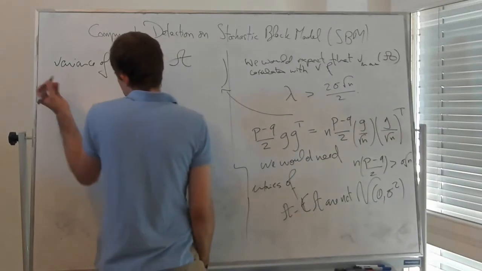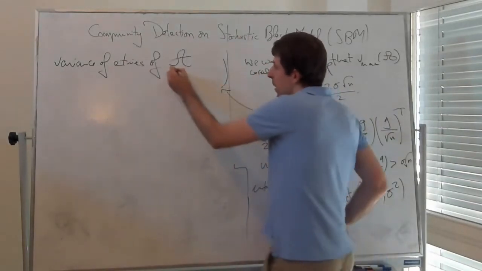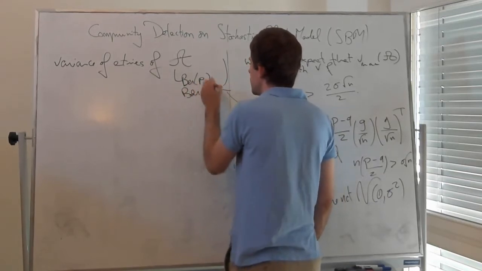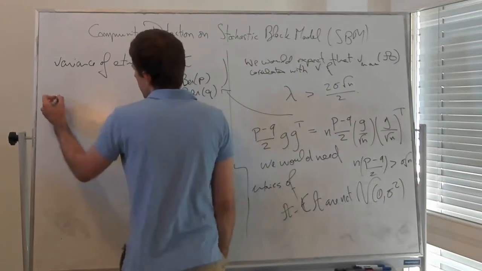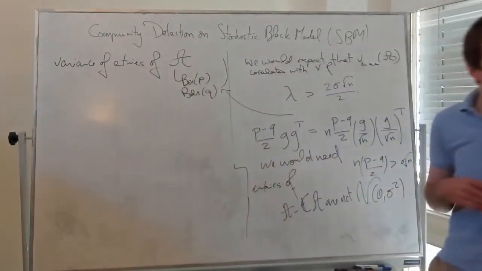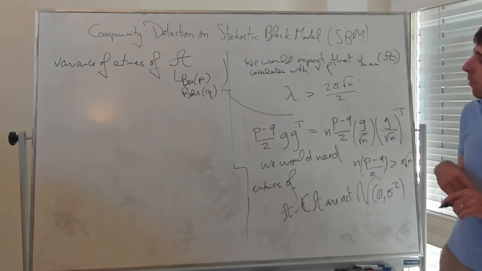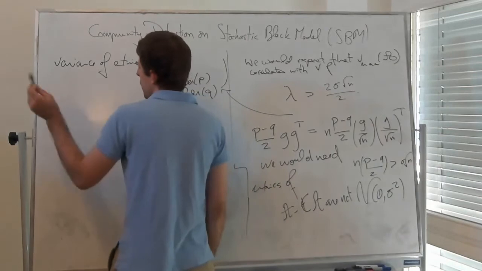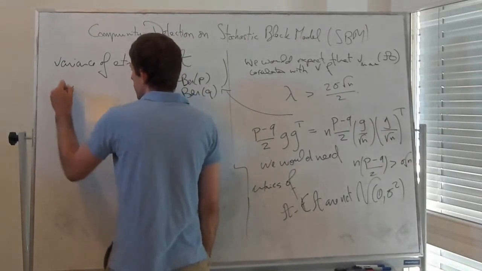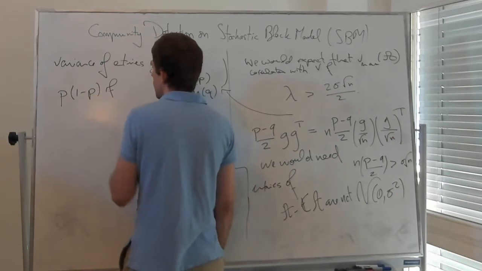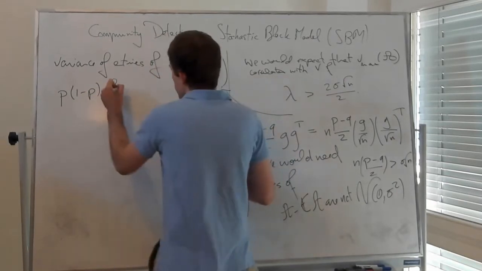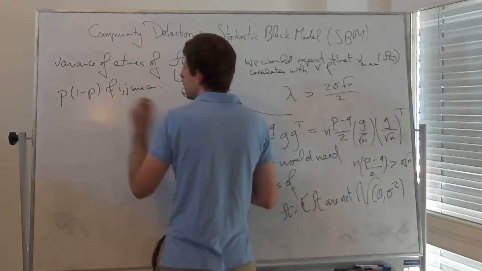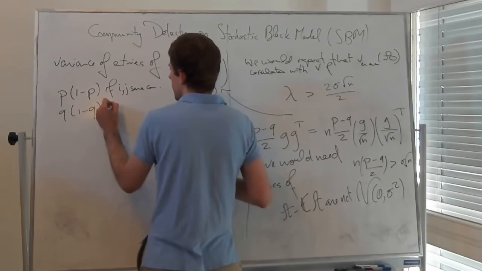Basically what we have is they're Bernoullis. They are Bernoulli P if in the same cluster, or Bernoulli Q if in different clusters. So the variance of a Bernoulli P is just P times 1 minus P. So the variance is P times 1 minus P for entries corresponding to the same community, if i and j are in the same community, and Q times 1 minus Q otherwise.